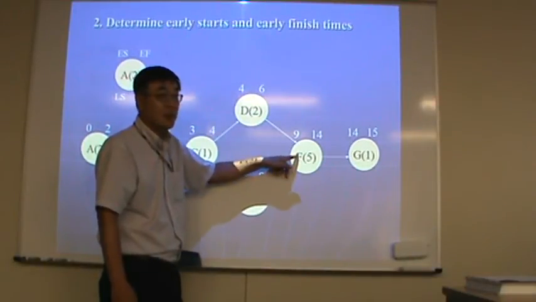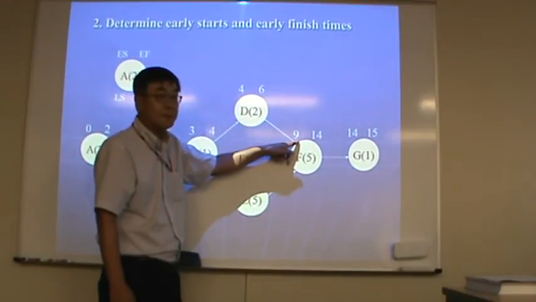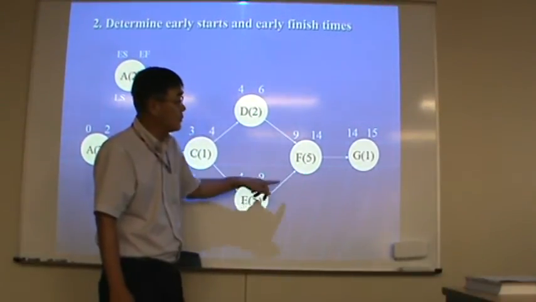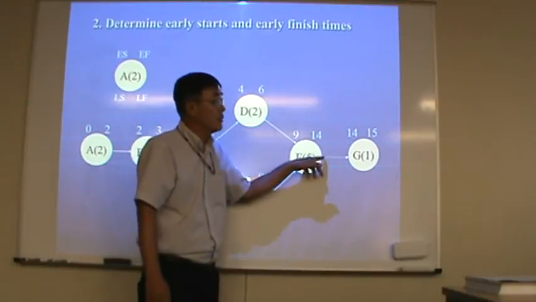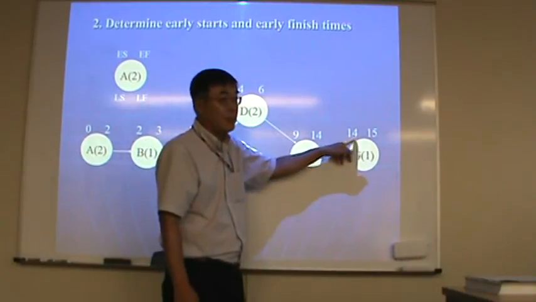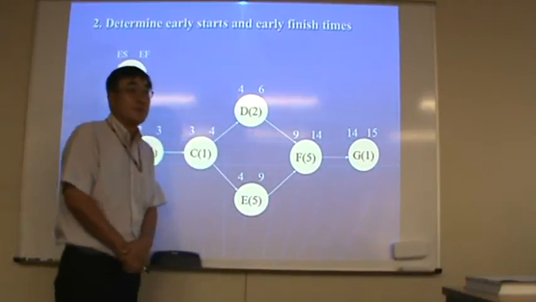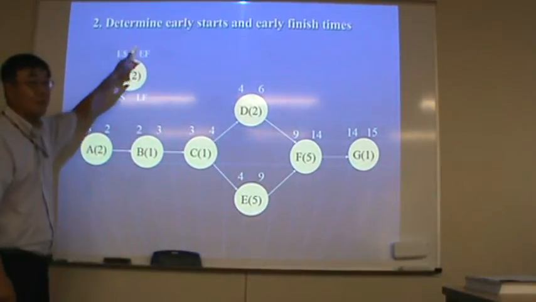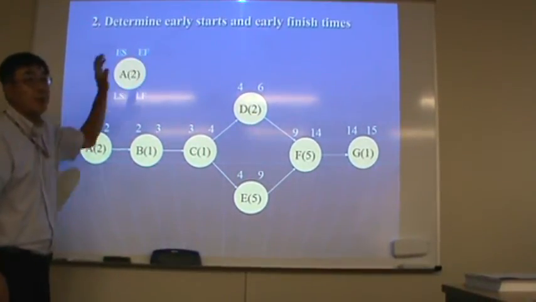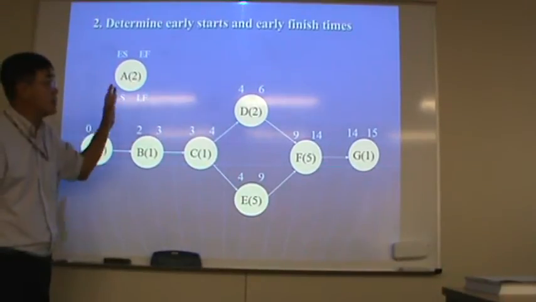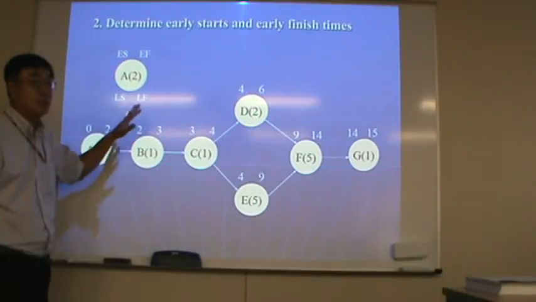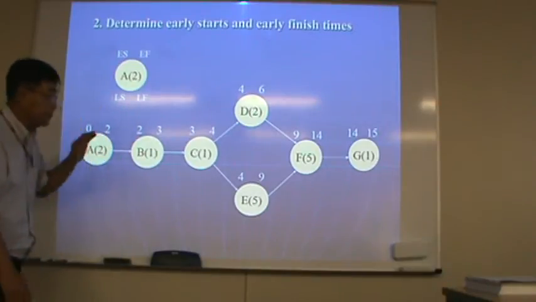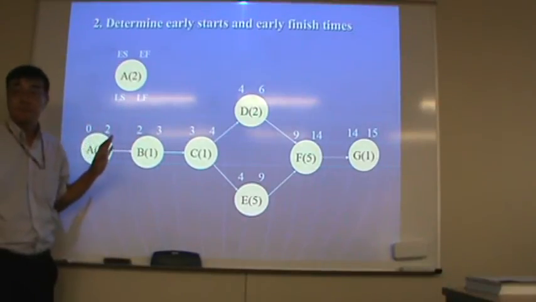So starting point is 9. After finishing this one, plus 5, 14. And then 14 and 15. So start time, finish time. I will tell you why it's early start, early finish, or late start, late finish later. So far.